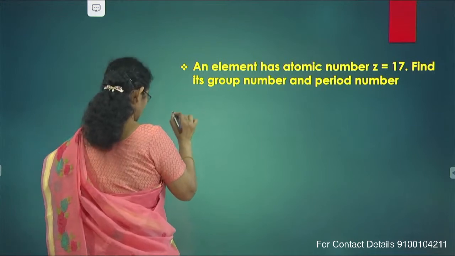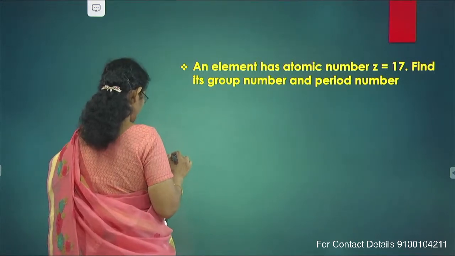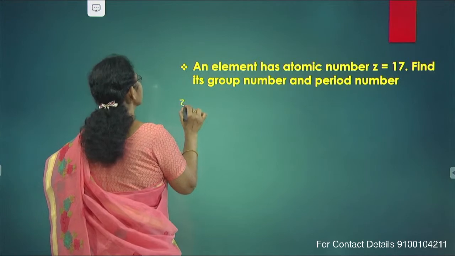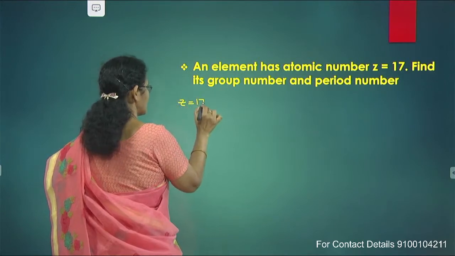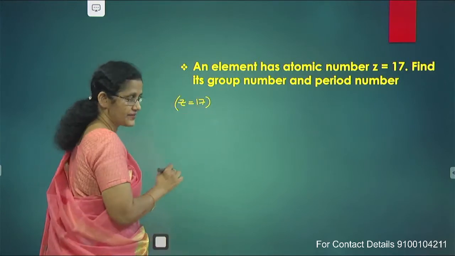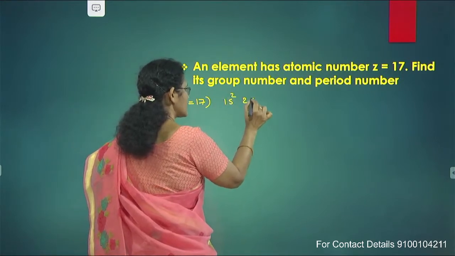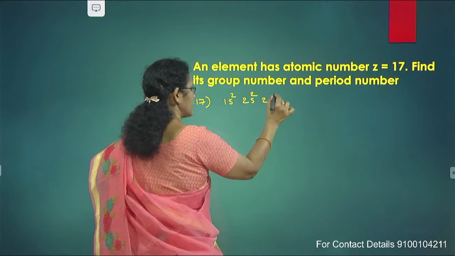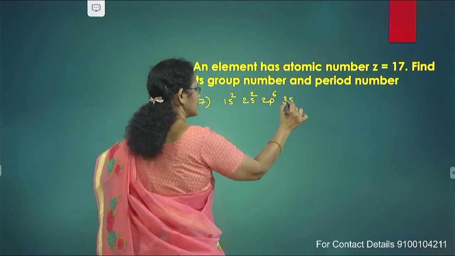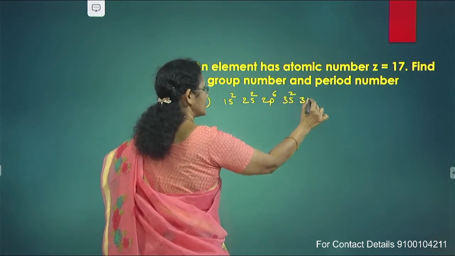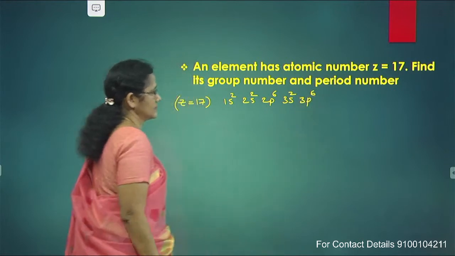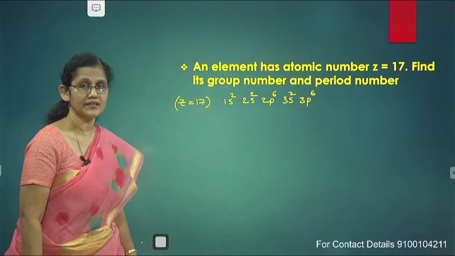Z is equal to 17: 1s2, 2s2, 2p6, 3s2, 3p5.